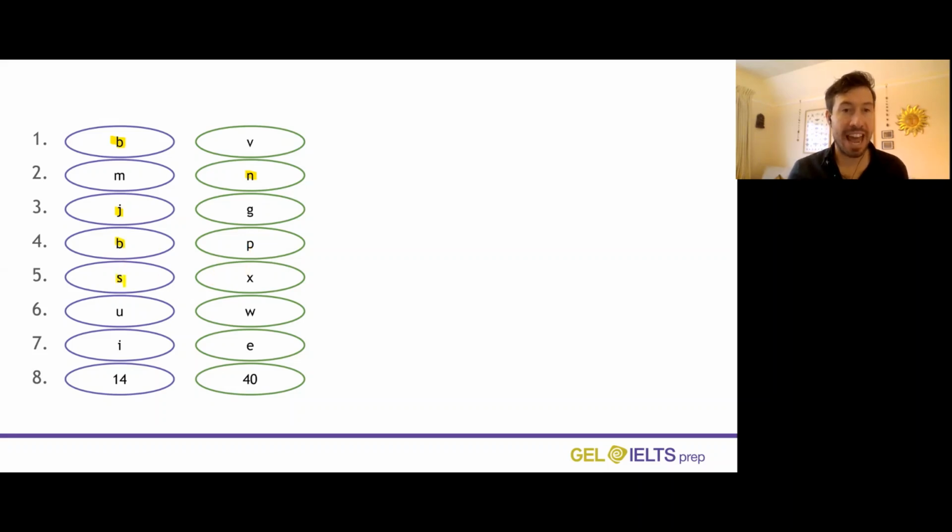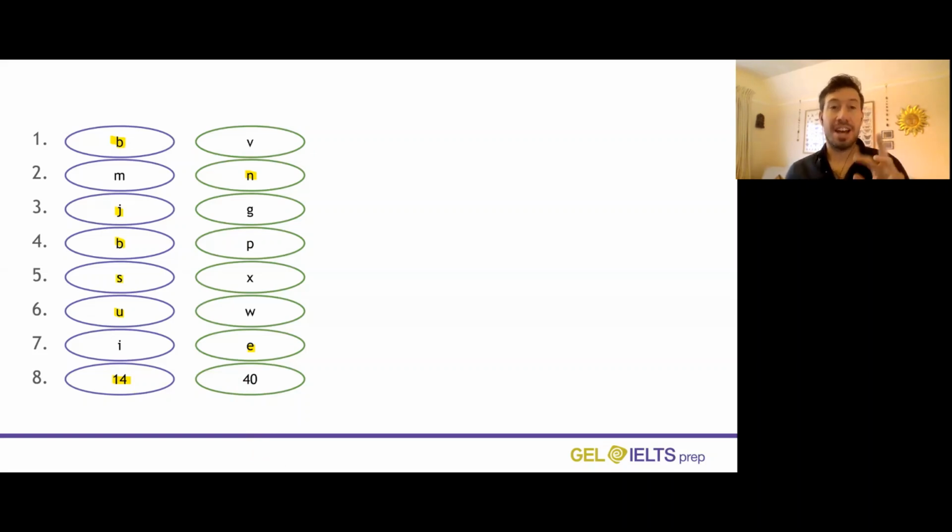For the fifth one, I said S, and I didn't say X. The next one, I said U and not W. And for the next one, I said E and not I. And for the final one, I said 14, not 40. 14, you can hear the longer sound at the end compared to 40.